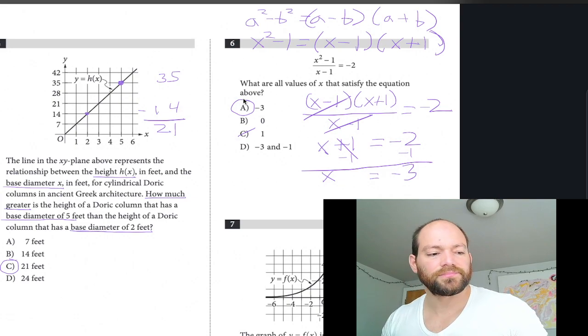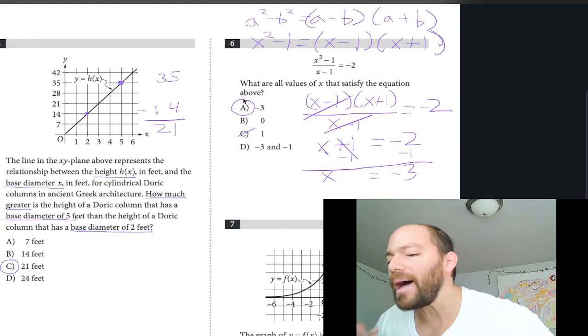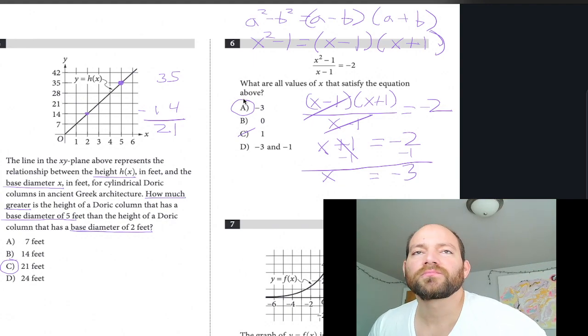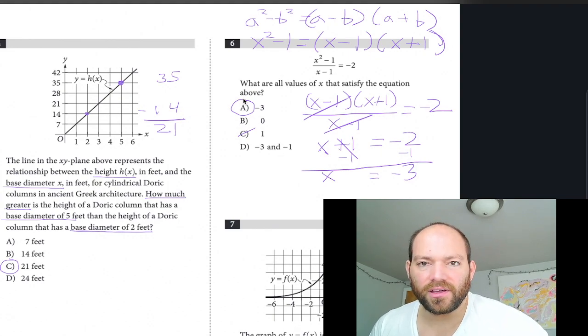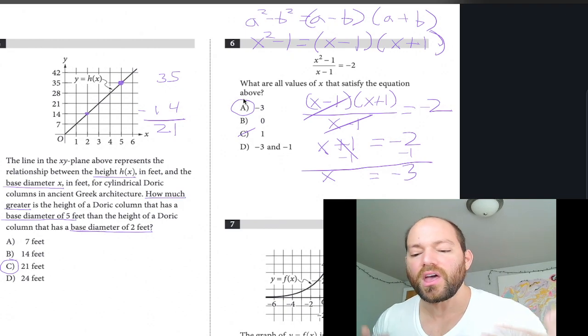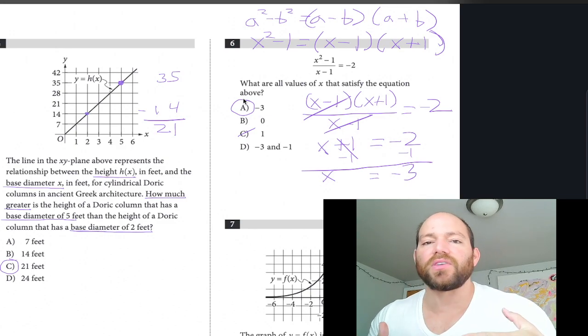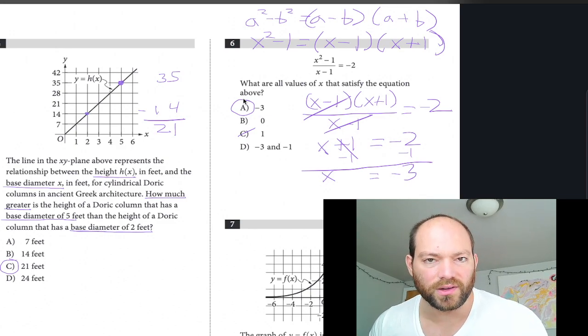Isn't that nice? Now, it always helps to be aware of about where you are in the section. So we're in the first half of the multiple choice right now. Do you know how many questions are even in this no calculator section? There's 20 questions total, but as far as the multiple choice is concerned, there's 15 multiple choice questions.